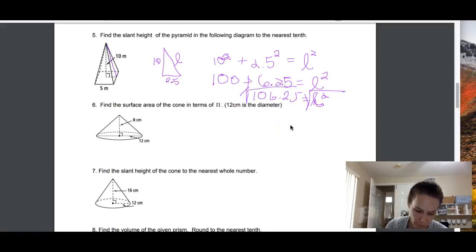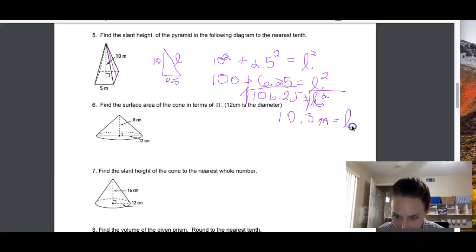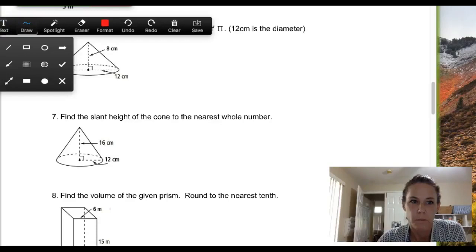If I take the square root of 106.25, it's going to be approximately 10.3, and it wants to the nearest tenth, so 10.3 will be our slant height, and that will be in meters. 10.3 meters is going to be our slant height, or L. Slowly write it. All right, there we go.